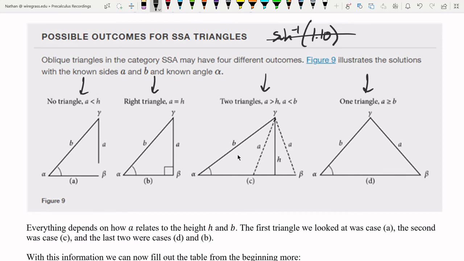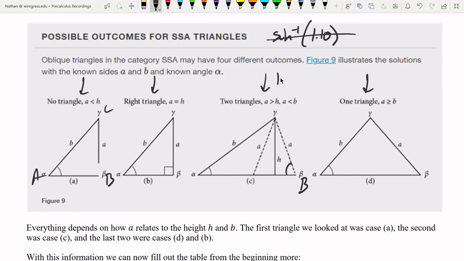You can always assume it's two triangles, and then check the second solution. In this case, you're solving for B. They're using alpha, beta, and gamma. I've been using A, B, and C. It's just the same thing. Don't be confused by their notation. In this case, B or beta, you're going to find this one when you do law of sines.